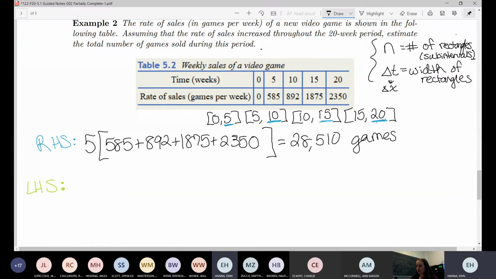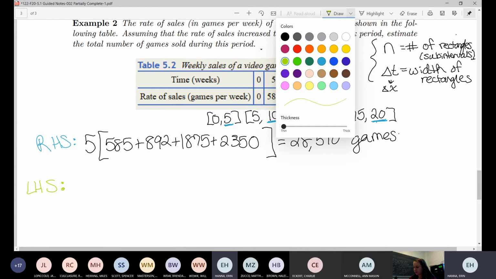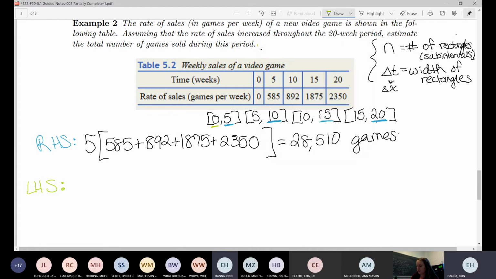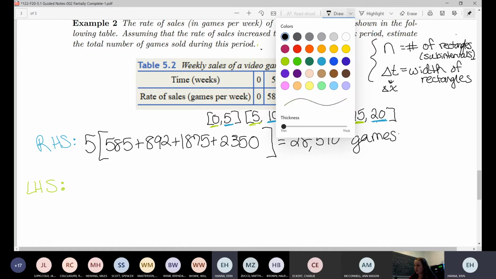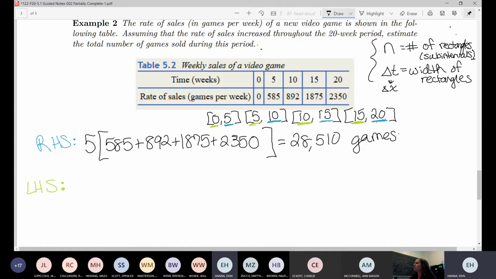And then our left-hand sum. We're now using the values at 0, 5, 10, and 15, the left endpoint of the interval. So the width is still 5, and again, to save myself some writing, I'm just going to write the 5 on the outside.